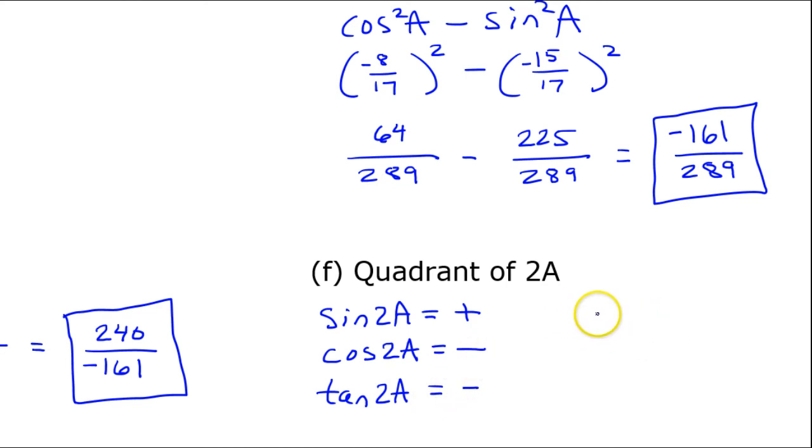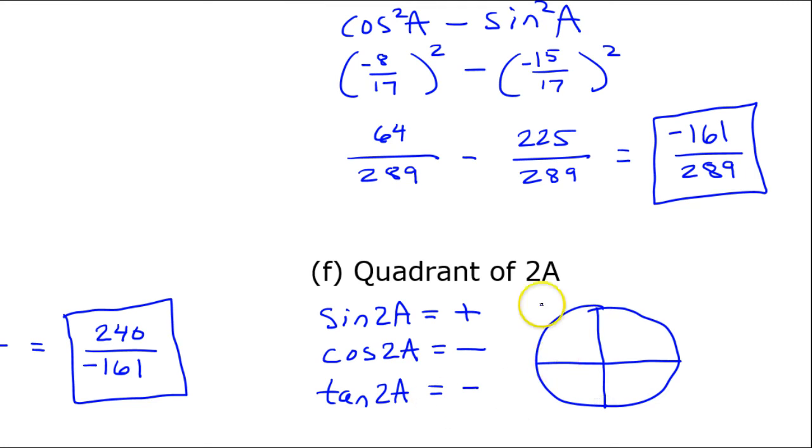Okay, so we just look at the unit circle and ask ourselves, where are sine and cosine and tangent positive and where are they negative? So, where is the sine function positive? Well, the sine function is positive above the x-axis. The sine function is positive here and here.